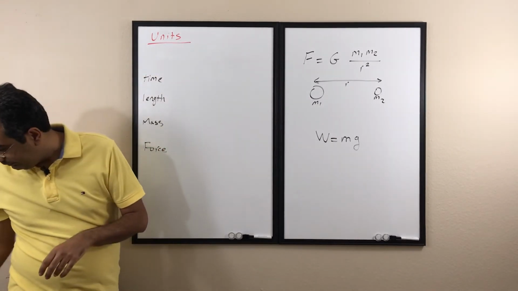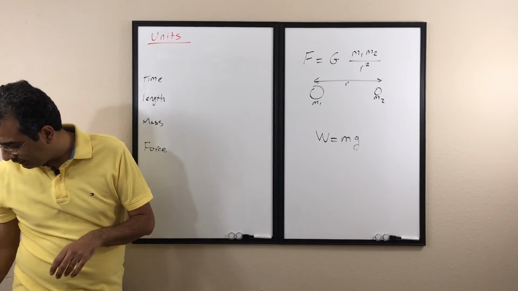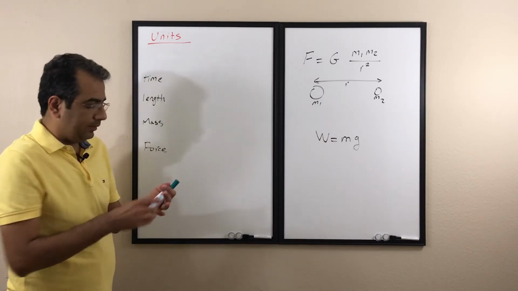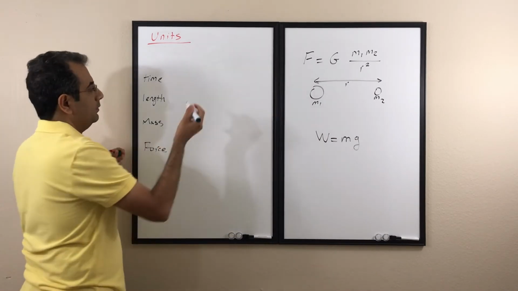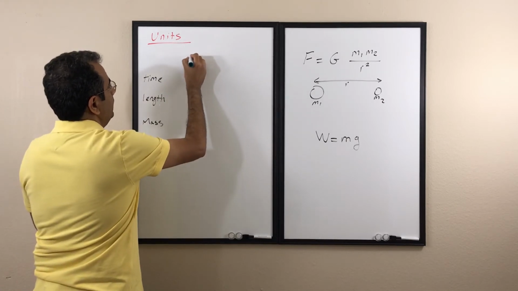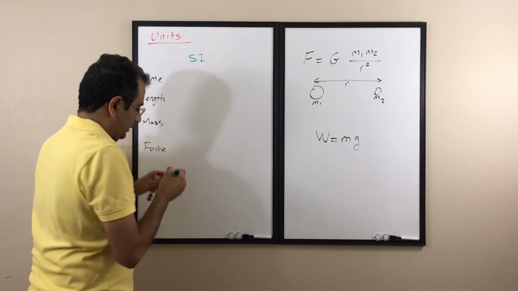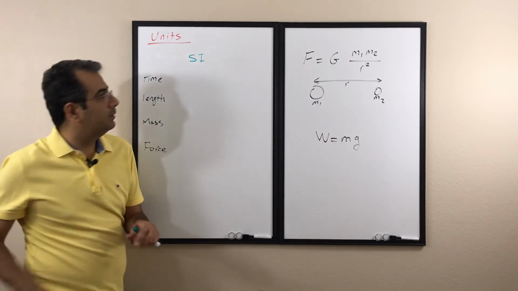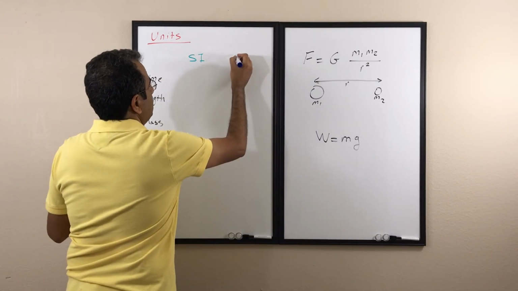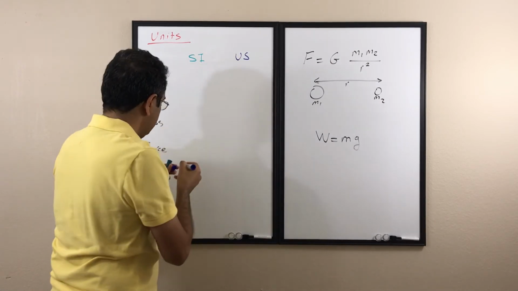So if you look at them, let's have them. I'll write the SI unit with green, and the US standard or customary unit with blue.